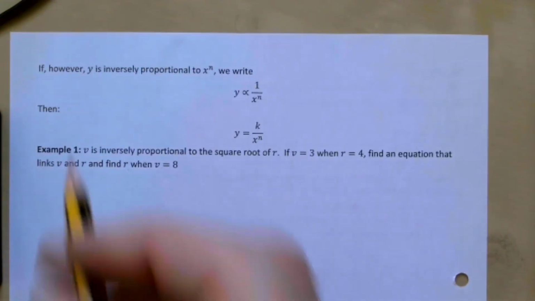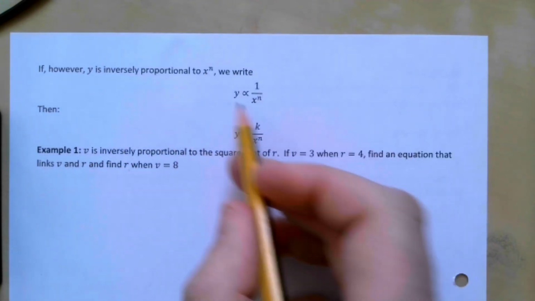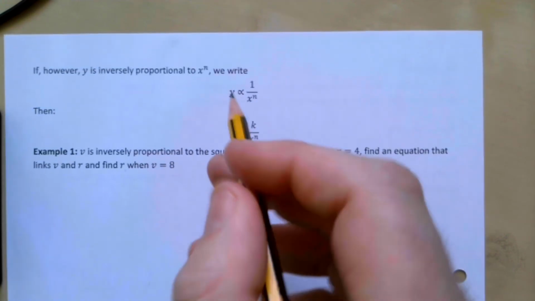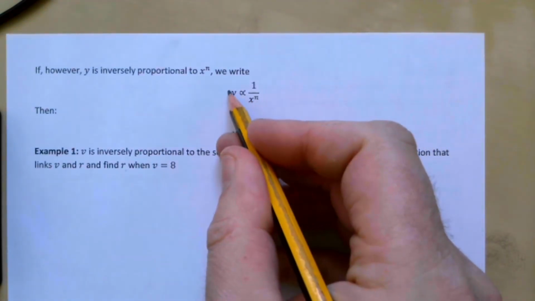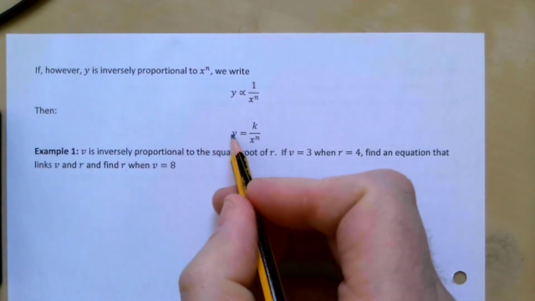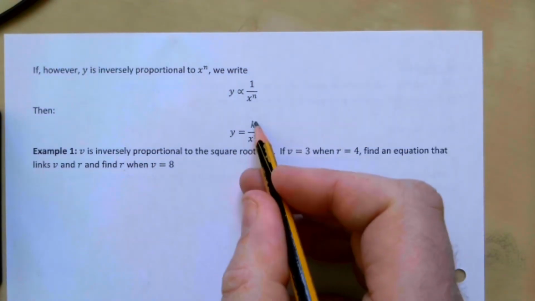Example 2, however, if y varies inversely or is inversely proportional to x to the n, we write y is proportional to 1 over x to the n. If you think about it, as x gets bigger and bigger, y actually gets smaller because it's 1 over a bigger number. And then we get rid of our proportional sign and put the k in.